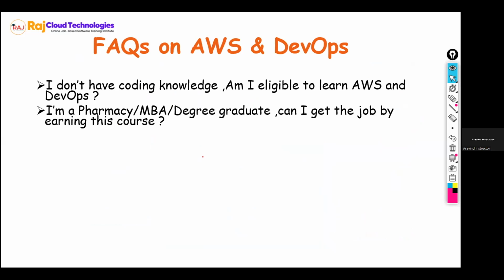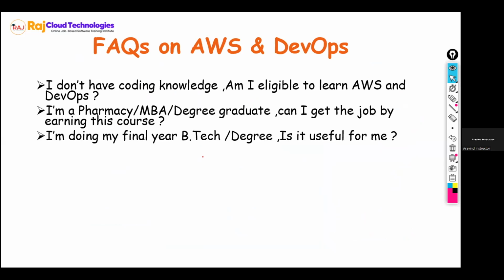Whether your background is pharmacy, MBA, degree, or BTech, anyone can learn this course, and you can show experience if you already have a gap. For BTech final year students, it will be helpful. You can keep this as your mini project and major project, and attend your placements. Most BTech final year students will keep C, C++, Java in their resume, because that is their subject.